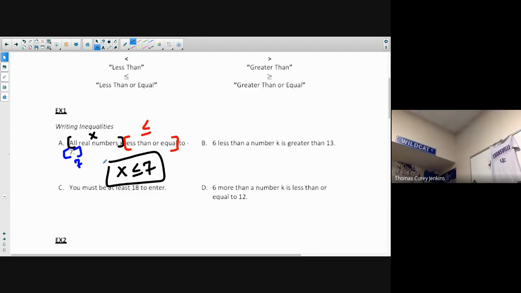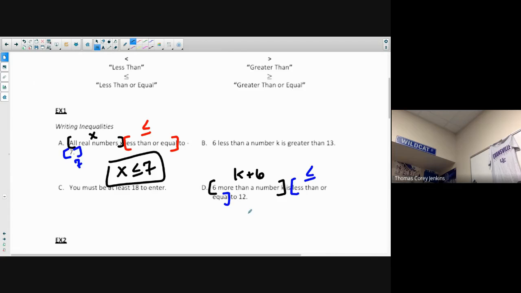Let's do one more. Let's skip over to D. D says 6 more than a number K. That'd be K plus 6 or 6 plus K is less than or equal to, so same inequality symbol, probably should have picked a different example, the number 12.